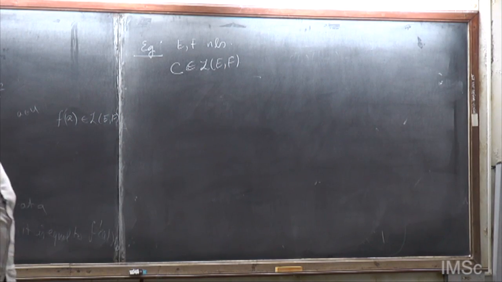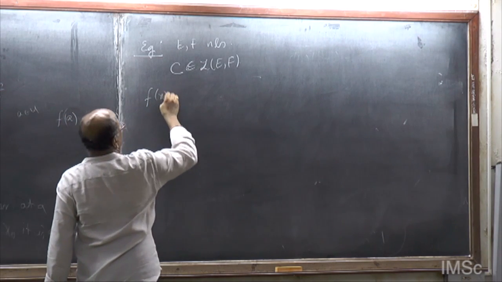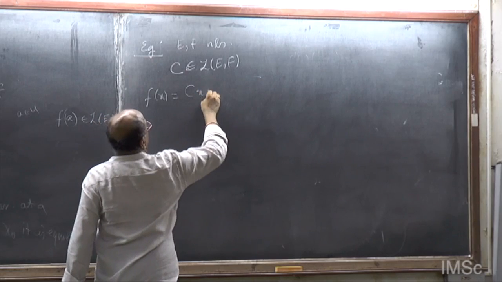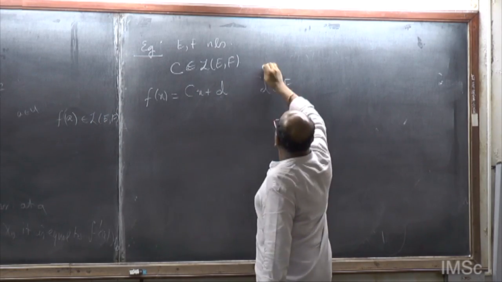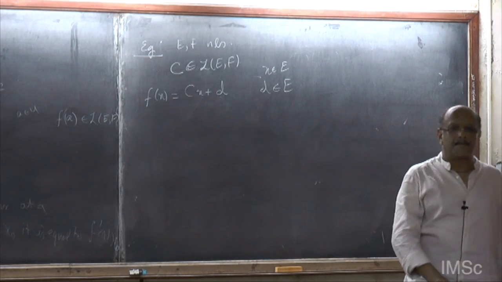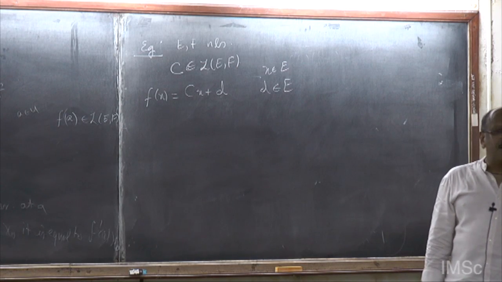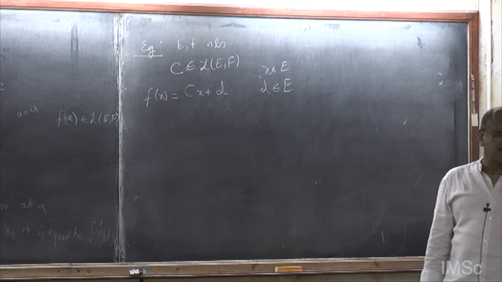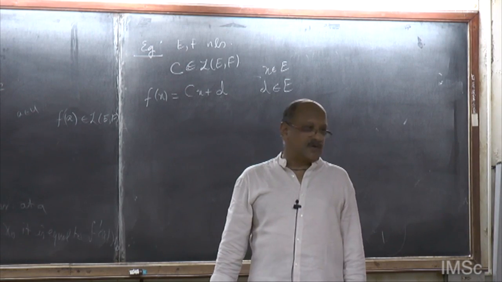C is a bounded linear or continuous linear transformation from E to F. Now, I am going to define f(x) equals Cx plus d, where d is in E. Affine linear map. Is this differentiable? What is its derivative?